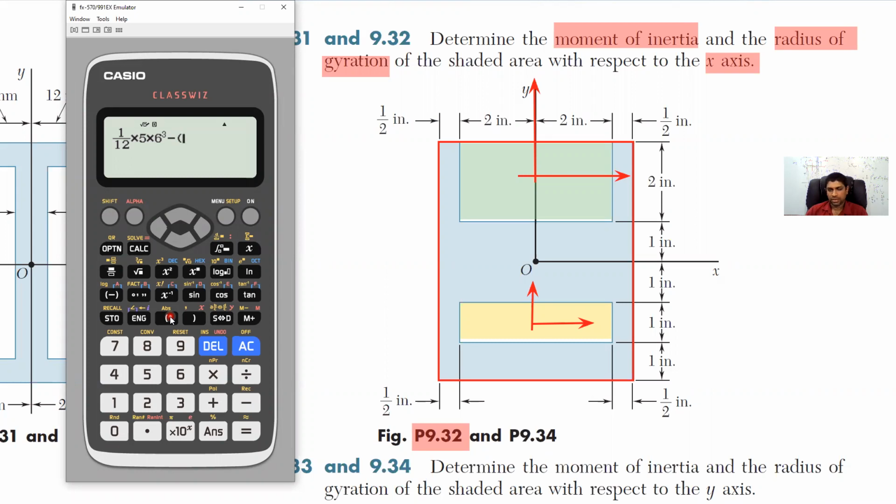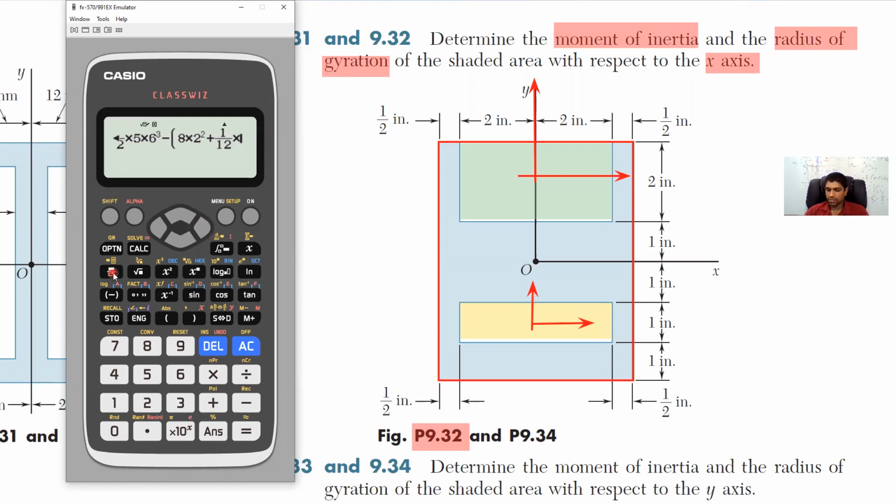Area is 2 by 4, 8. And the distance to the centroid is 1 plus 1, 2. So 2 squared, A y bar squared, plus the centroidal moment of inertia, which is 1 over 12.